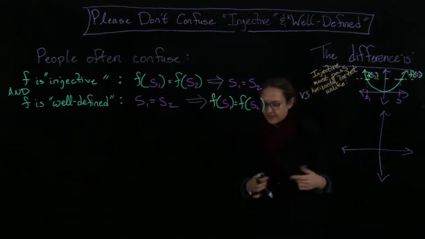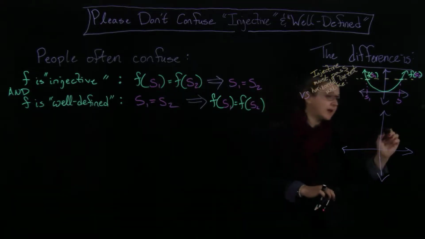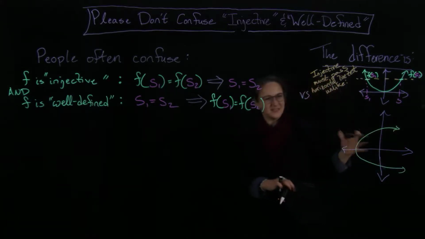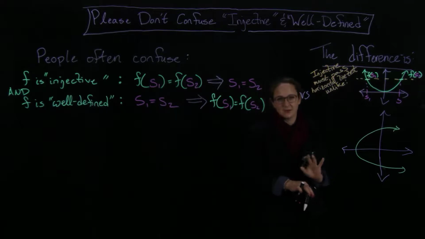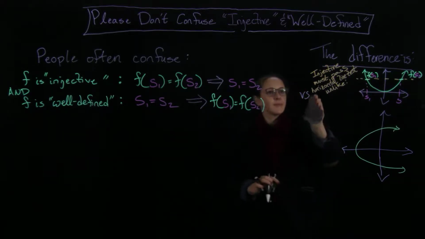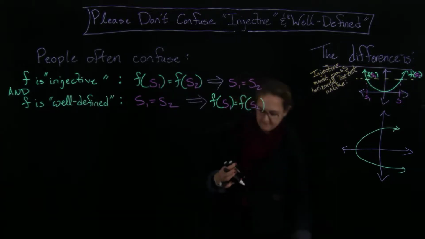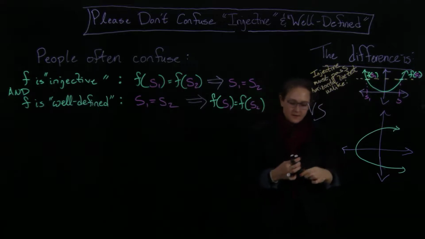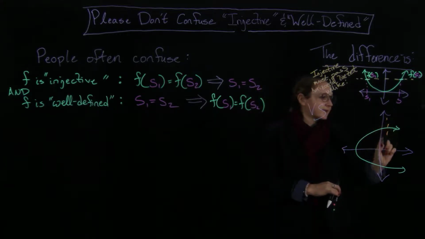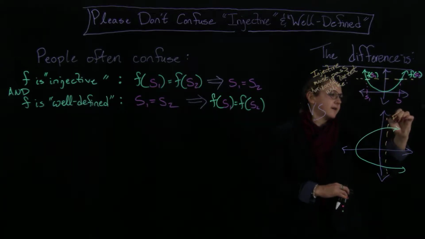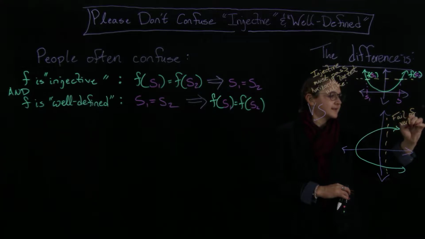If somebody drew this, it could be an implicitly defined function, but we don't use that language for a function. So versus, here we have the kind of fail that we might get: a failure of the vertical line test.